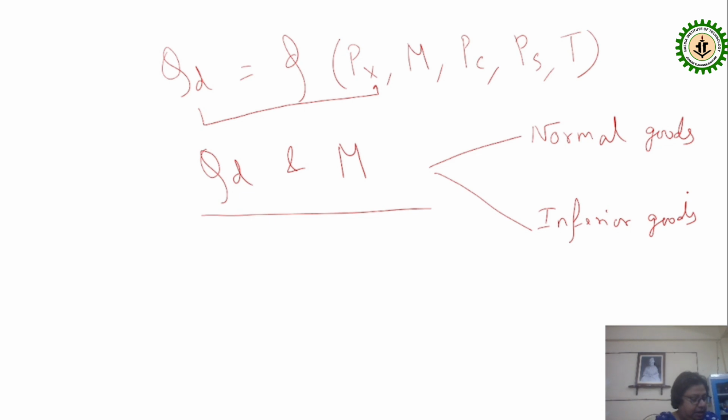These inferior goods and normal goods will decide the nature of the relation. As I said, normal goods are daily goods, not luxury, so I need not spend more.